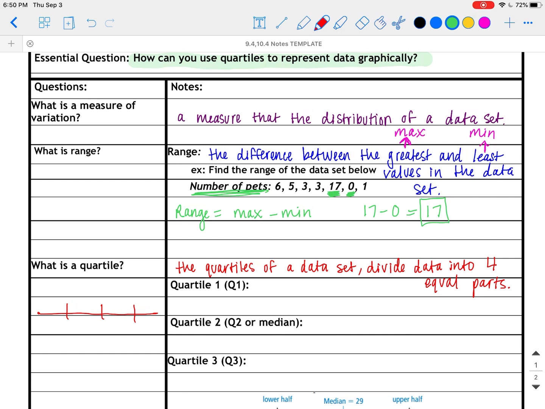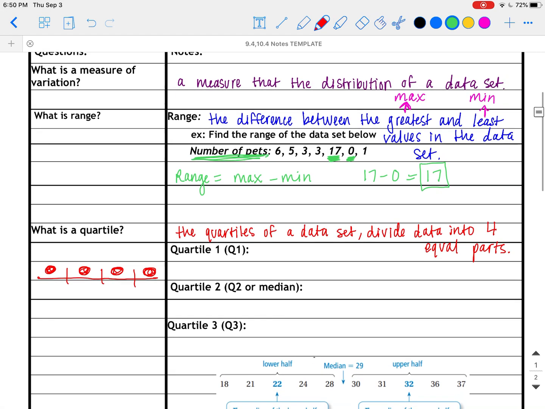When you're looking at this diagram over here to the left, you see that there's 3 divisions, but that's going to show 1 part right here, 1 right here, 1 right here, and 1 right here. So just understand that those 3 divide it into 4 equal parts, but there's only 3 of them, since that's all it takes to divide it into 4 parts.